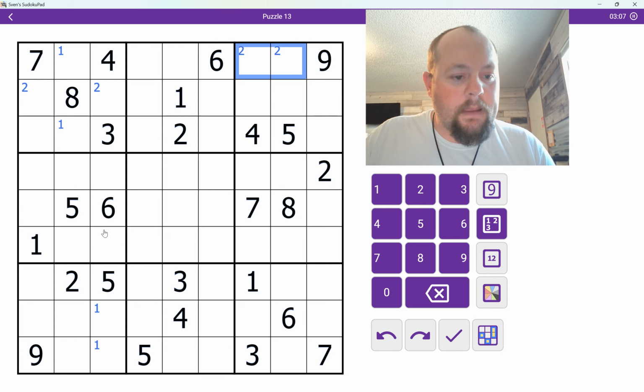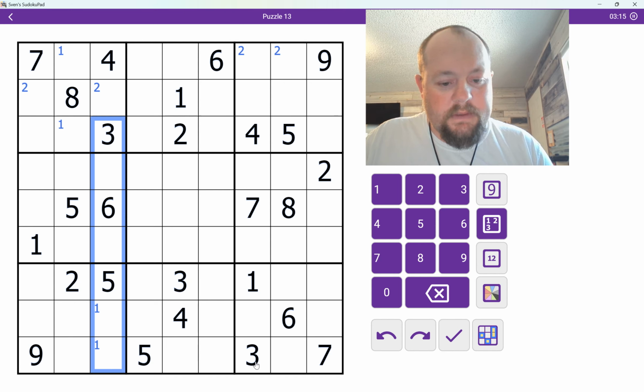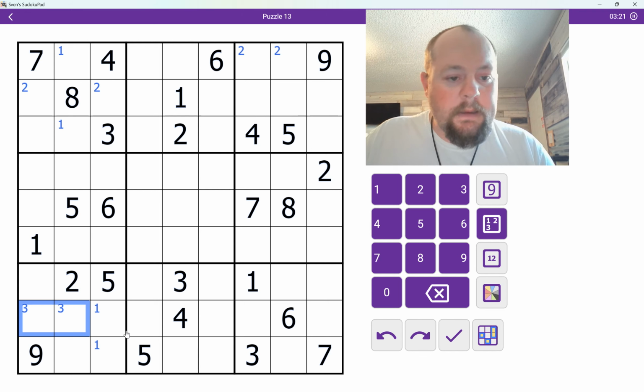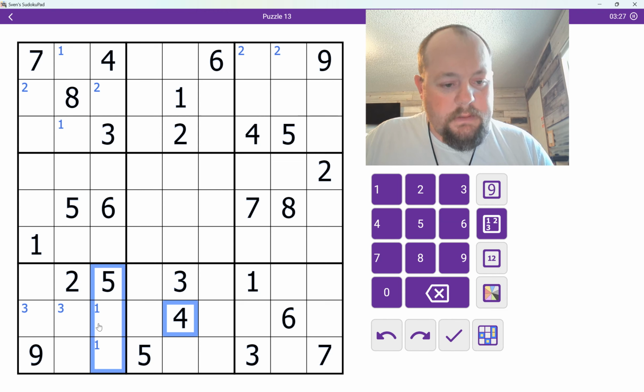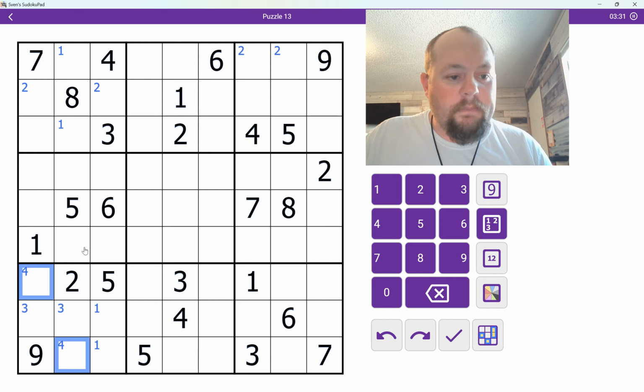Are there any more 2's in this group of columns? No. Okay, 3 looks down. We have this 3 looking over and this 3 looking there, so 3 is narrowed down to 2 spots. And then 4 looks down, this 4 looks over, so now we have 4 in 2 spots. Then 5.